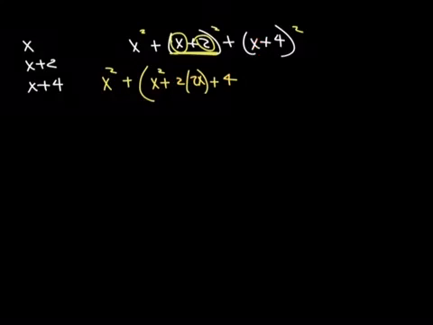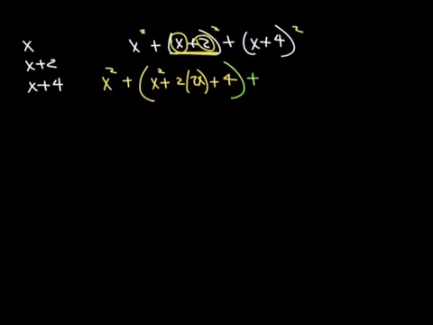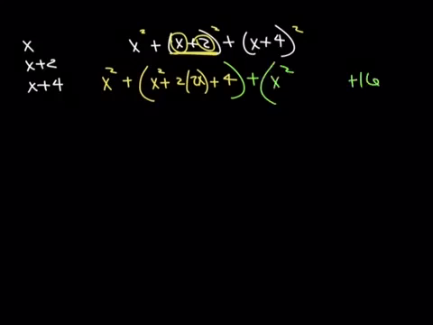Let's do the same thing up here. Do this in green. Square the first term, square the second term, plus, multiply 4 times x, and double it. So let's go ahead and work through this.